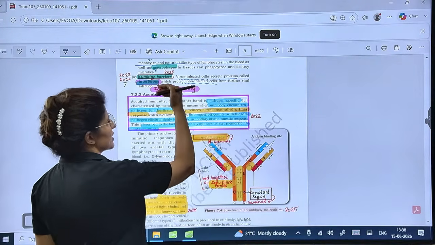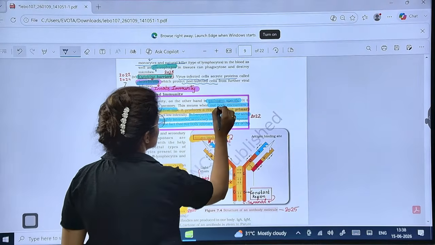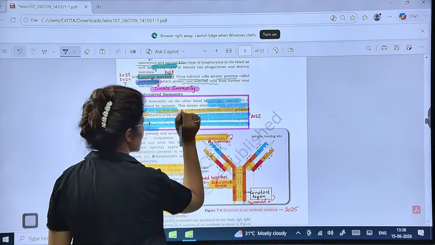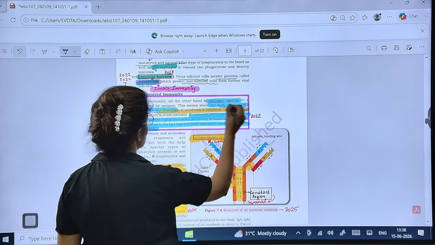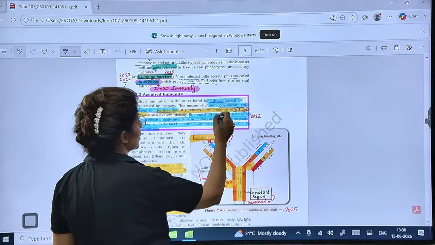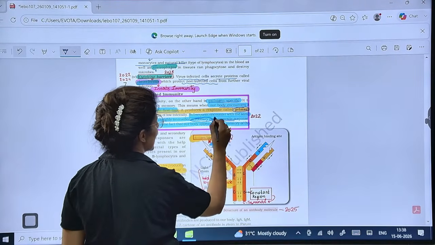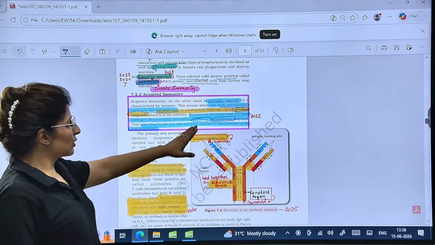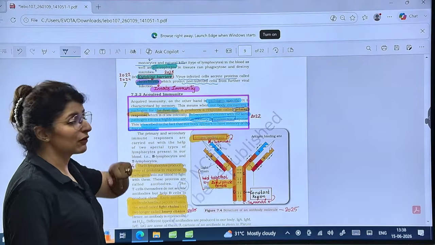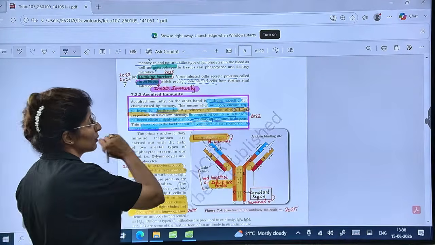What is the difference? Acquired immunity is always pathogen specific. It develops when the body encounters a pathogen for the first time, and at that time the immunity is known as primary immune response, while subsequent encounters will generate the secondary immune response, also known as anamnestic immune response. Is that clear? Now it is ascribed to the fact that the body appears to have memory for the first encounter. So memory is one very important characteristic of acquired immunity.